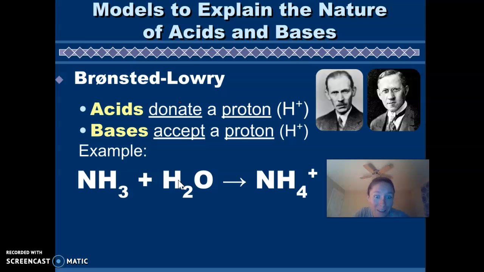I know, weird. But the reason why it acts as an acid is because it has a hydrogen, and ammonia, which is the base, wants that hydrogen. So the water is going to give up that hydrogen. So it's considered the acid, and the ammonia is the base.